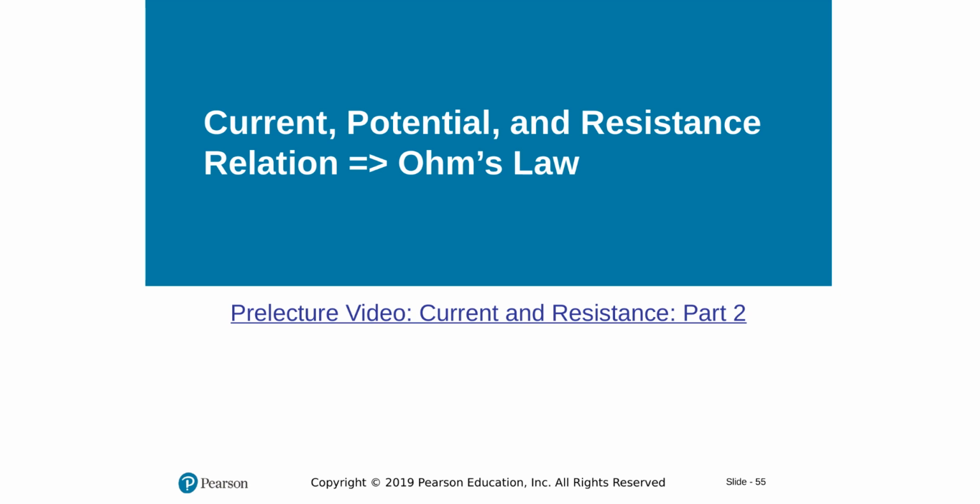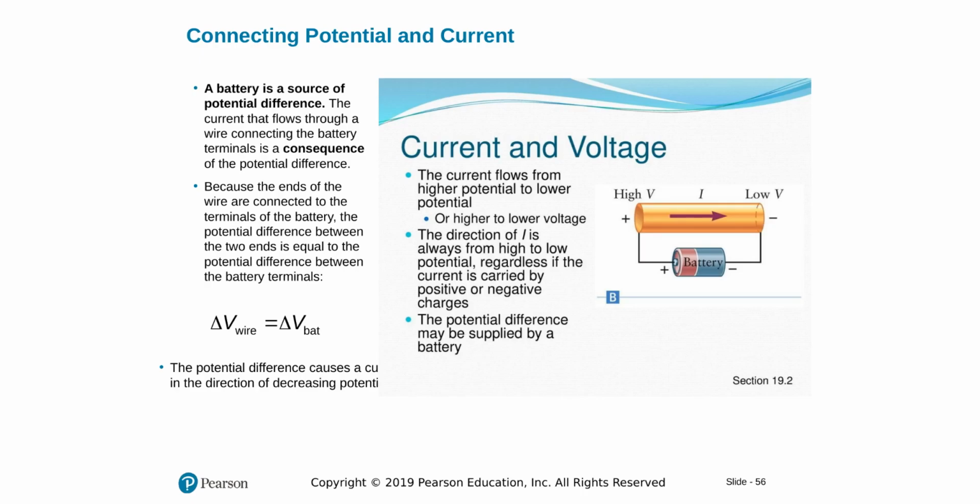Current, potential, and resistance relation is actually Ohm's law. Ohm's law will keep coming up in the next chapter as well. It's a very important law for currents, potential, resistance, and finally circuits. If I have a battery, I have a wire connected through it, or a resistor.